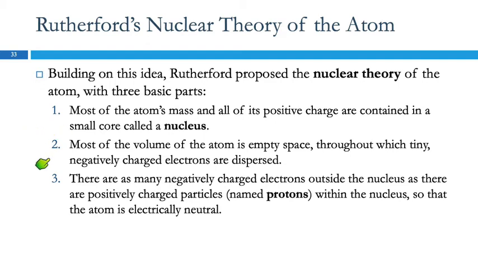Most of the volume of the atom is empty space in which tiny negatively charged electrons are doing something. There are as many negatively charged electrons outside the nucleus as there are positively charged particles, protons, within the nucleus, so that the atom is electrically neutral.